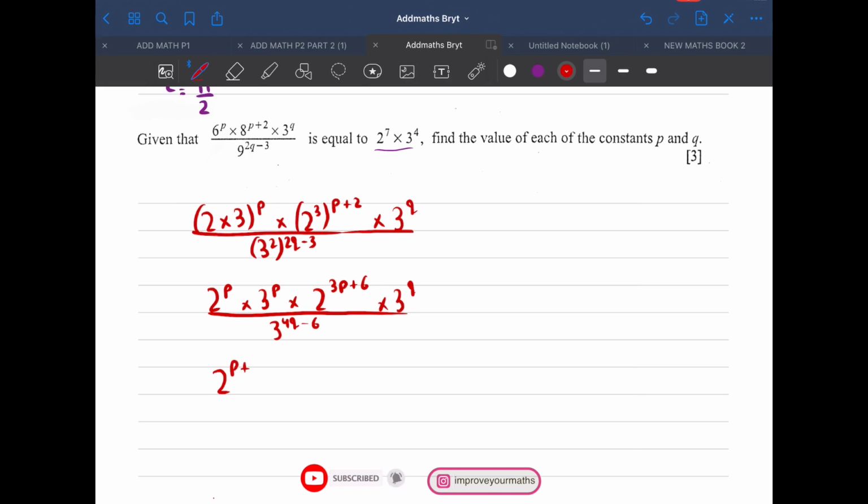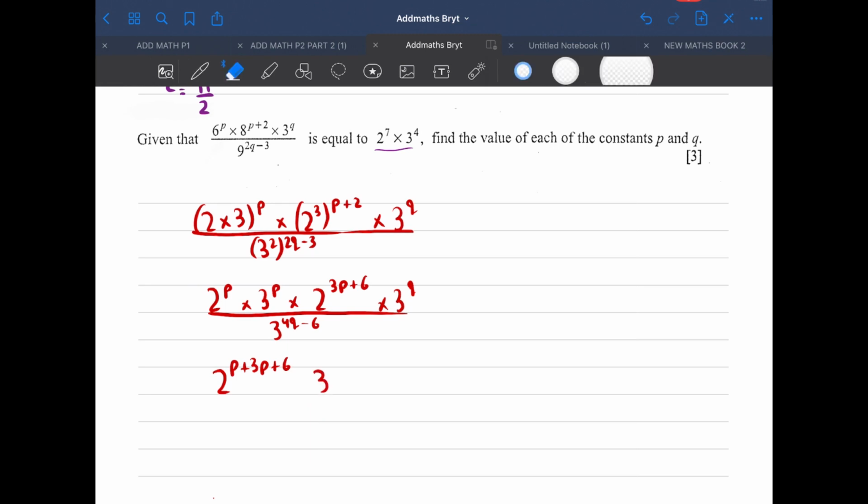So p plus 3q plus 6, and here it's going to become 3 power p plus q. And when the denominator 4q minus 6 comes in the numerator, it will become minus 4q plus 6, is equal to, I know, what? 2 power 7 and 3 power 4.